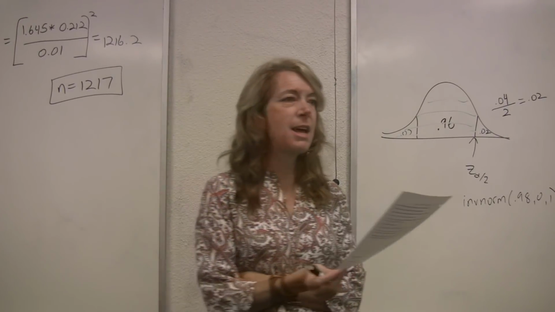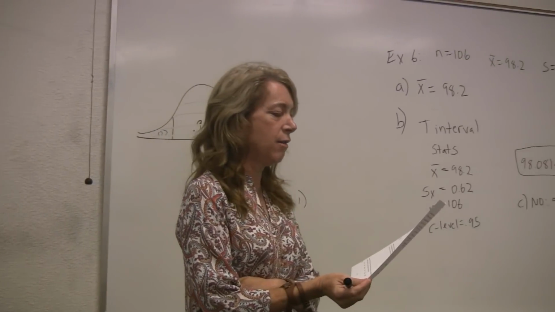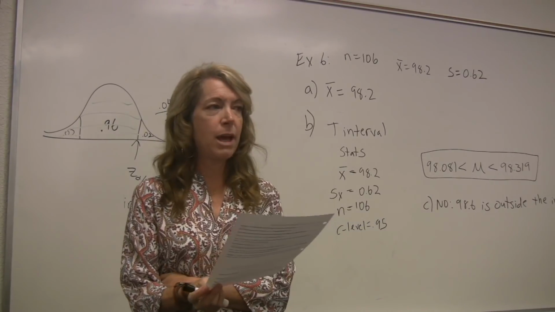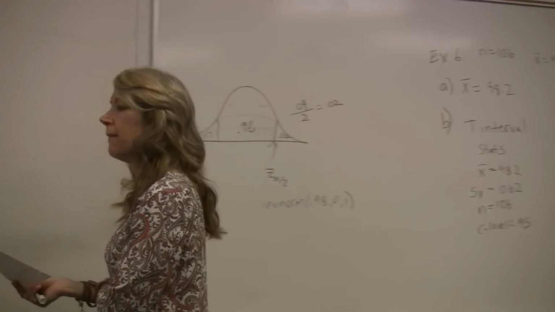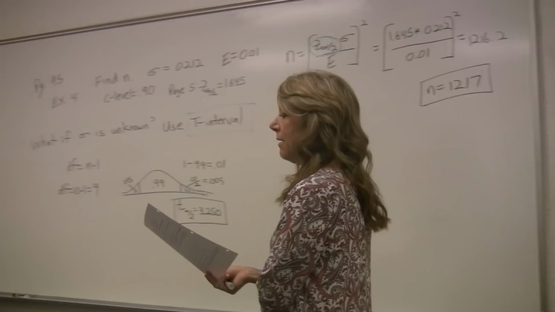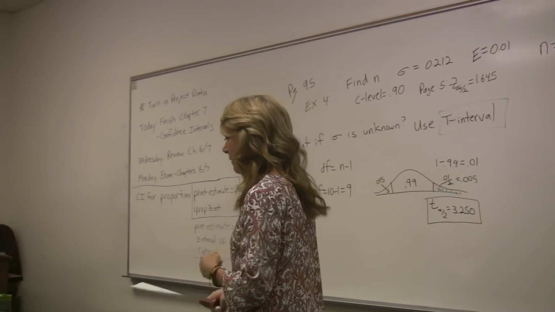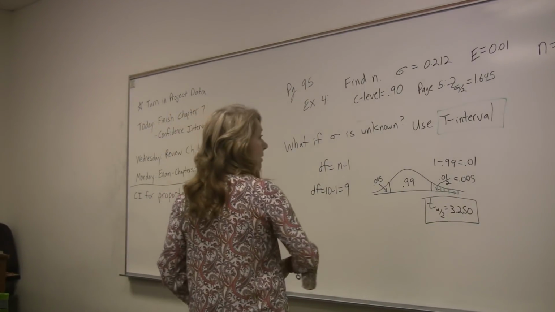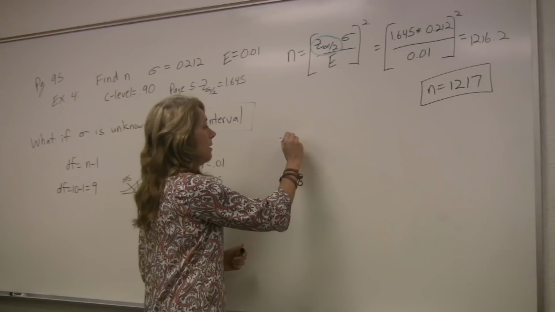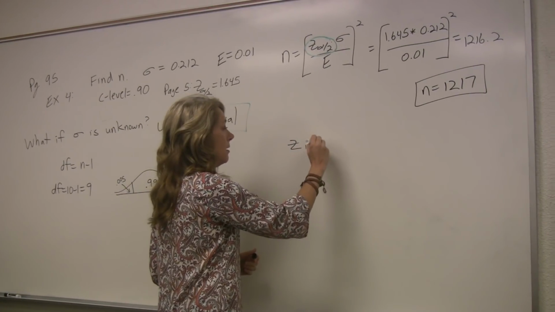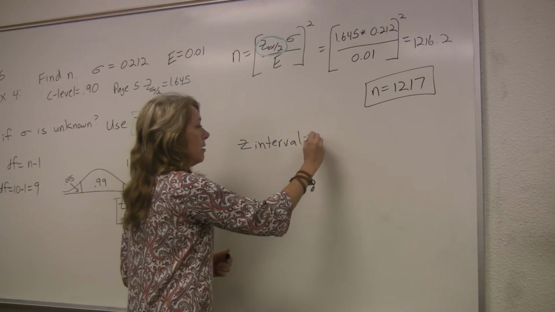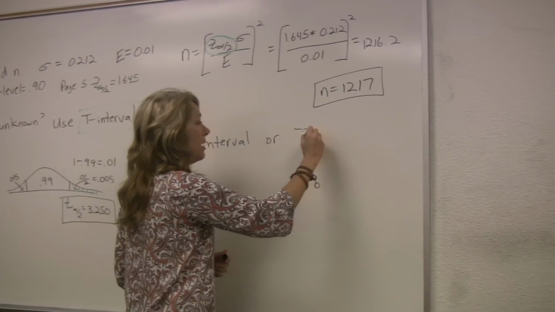So I just want you to decide, do you want to do Z interval or T interval for example 7, example 8, and example 9? Be prepared to tell me why.